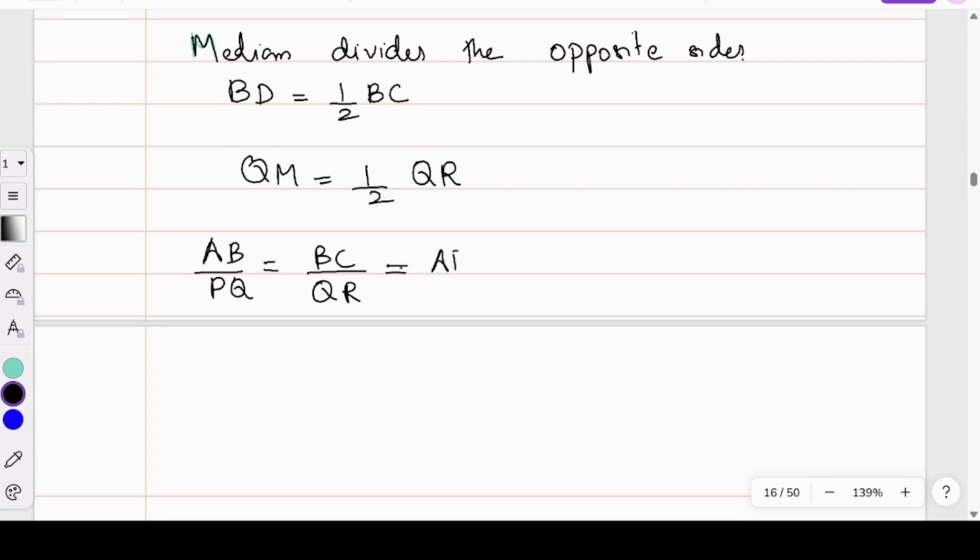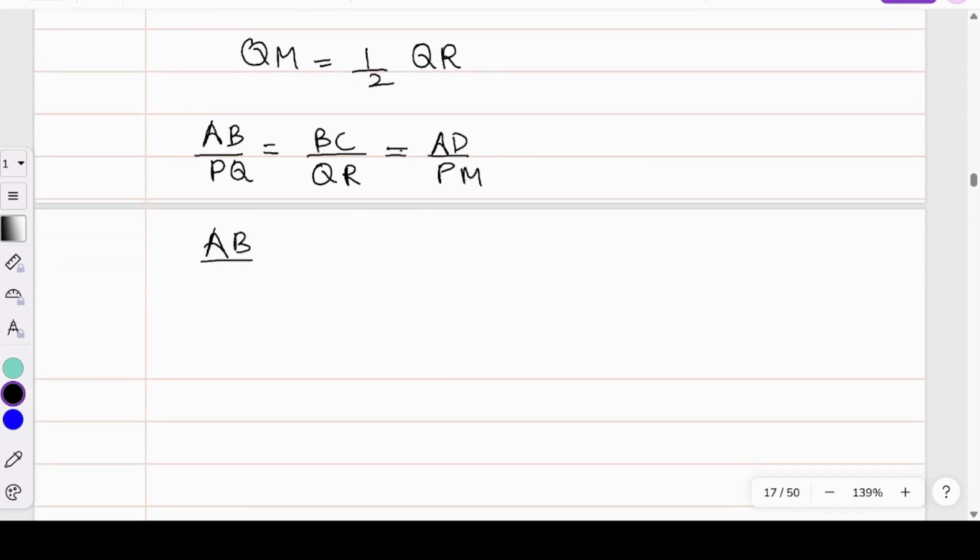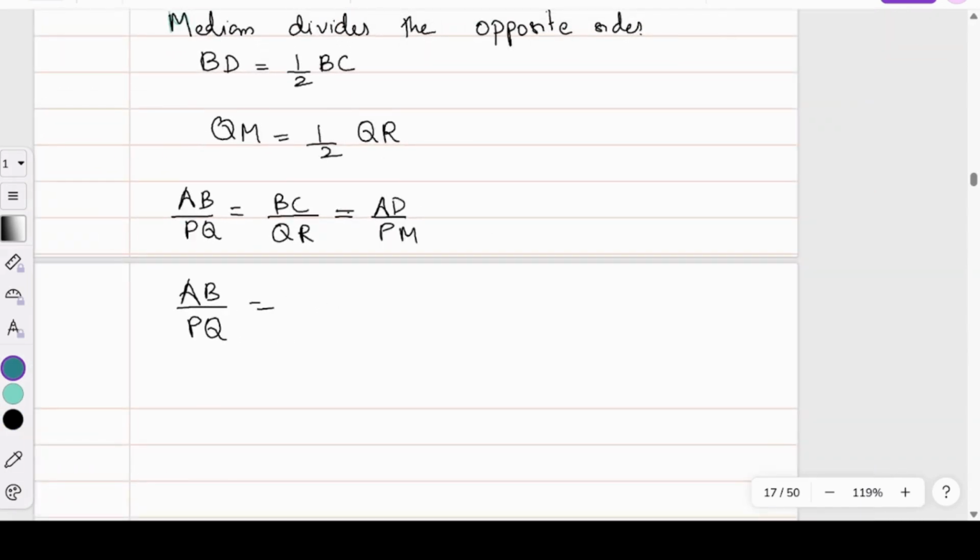In this case, AB by PQ equals BC by QR, and instead of BC, I'm going to take half of BC on both sides. I multiply by half on both sides of the second equation, that is half of BC divided by half of QR, and then I continue the equation with AD by PM.